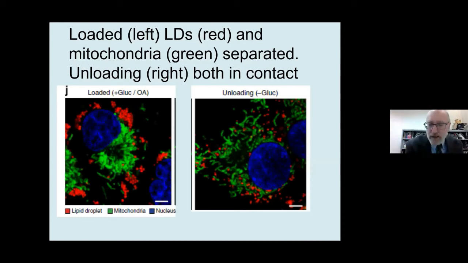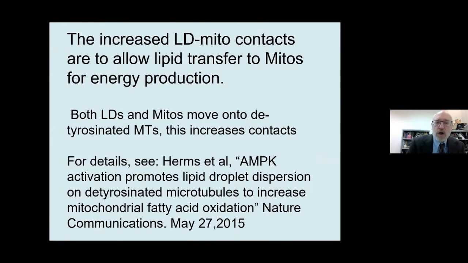But anyway, what is clear is that by doing all of this, you can promote these interactions, and so you change the distribution of the lipid droplets and the mitochondria to promote these interactions. So that allows this transfer and increases contacts. It's discussed in this AMPK activation paper that was in Nature Communications in 2015. It's Herms et al. And again, it's available on my website.